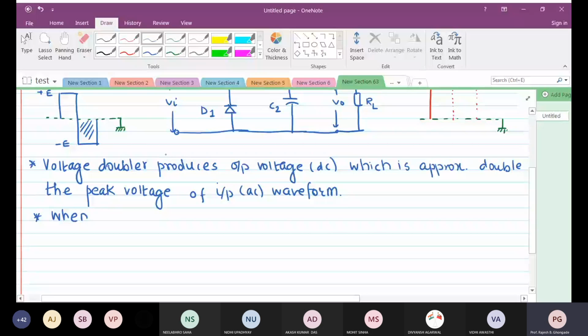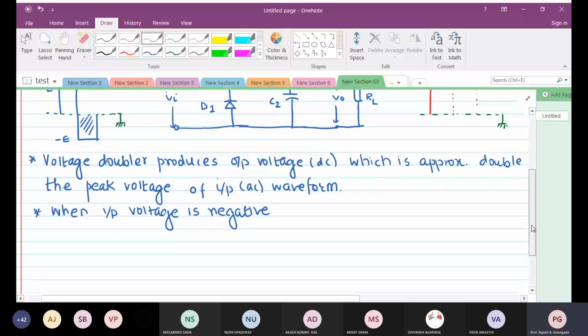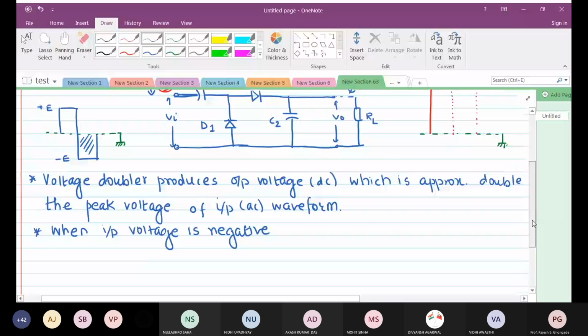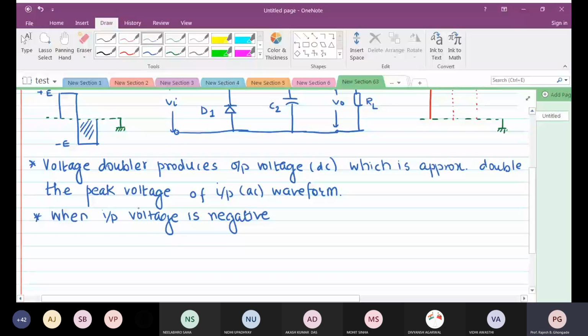So always start when input voltage is negative. Okay. Now when input voltage is negative, I'll reproduce this diagram again.